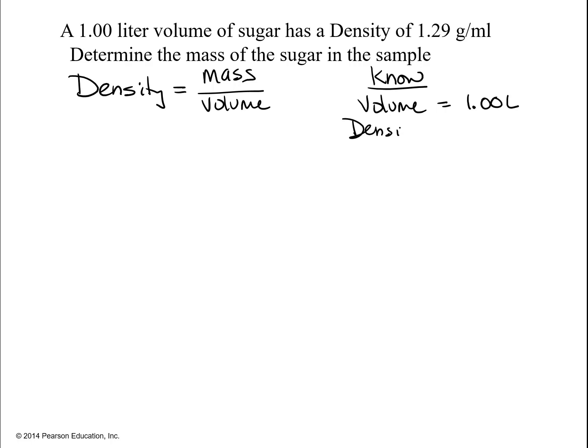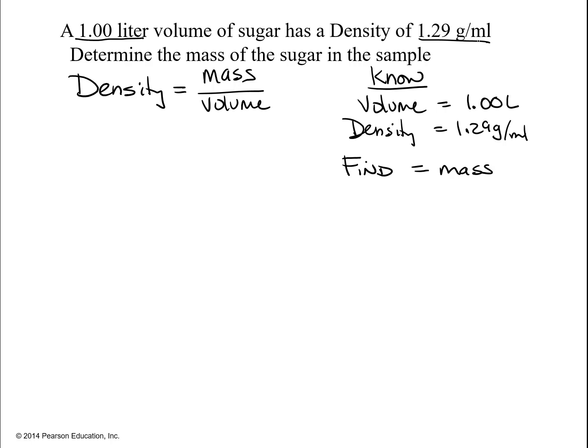I know density is 1.29 grams per mil. Now reading the question, what do I want to find? Mass. So just read through your sentence, underline the measurements that you're given, identify what they are, and then decide how you're going to apply them.